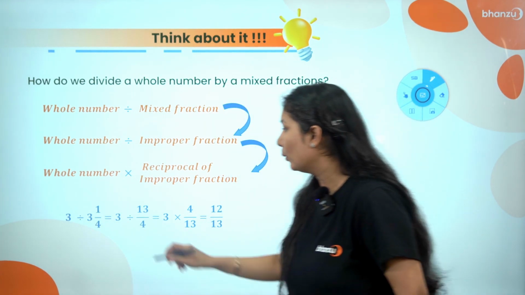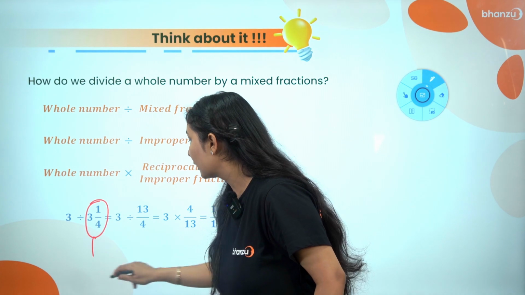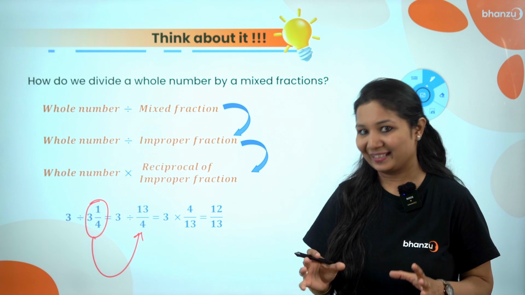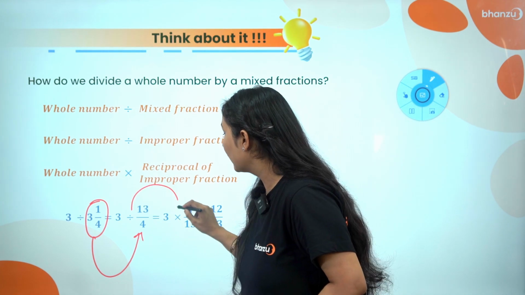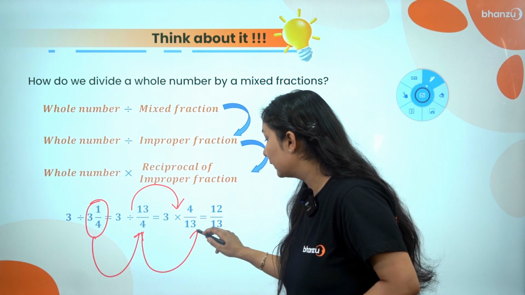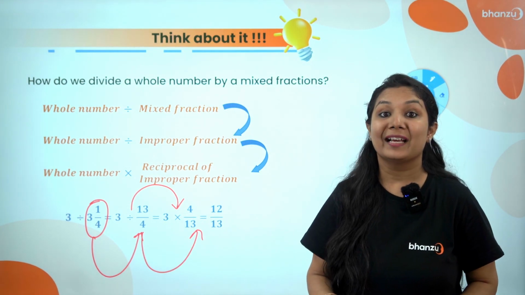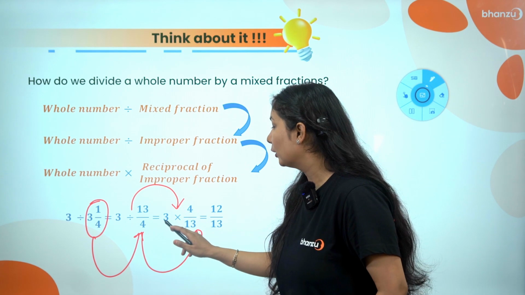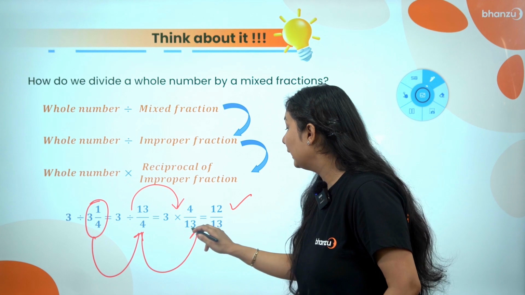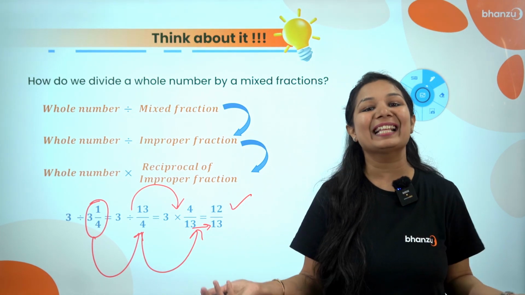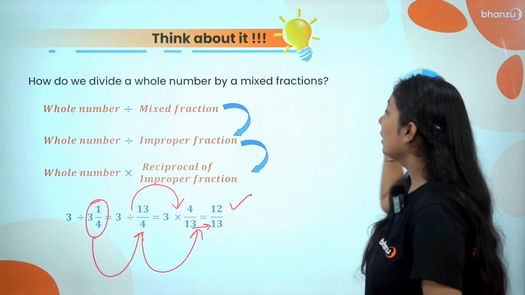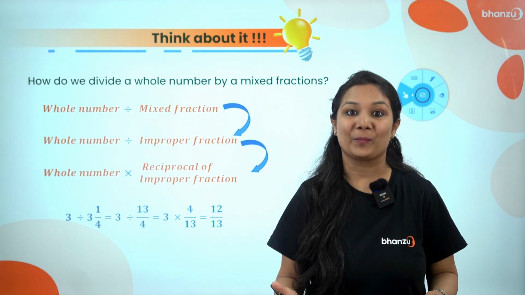What's our step number 1? Convert this mixed fraction into an improper fraction. Then division becomes multiplication and the improper fraction's reciprocal has to be found. Now multiply the whole number by the numerator, so you get 3 into 4 is 12, and the denominator is copied as it is. This is how we do division of a whole number by a mixed fraction.